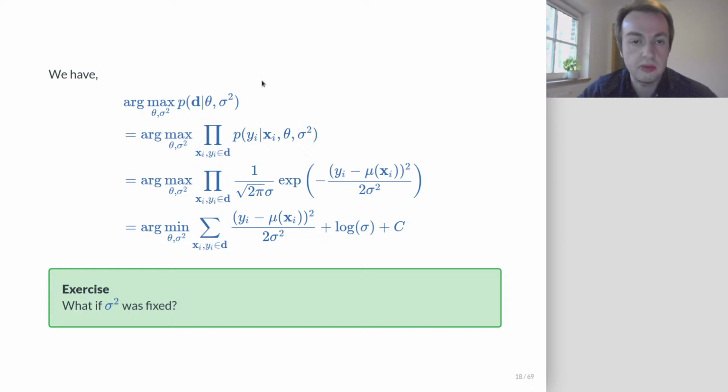Again, if you assume IID data, then this joint likelihood over the entire data set can be factorized as a product of individual likelihoods over the elements in this data set, in this case the (x, y) pairs. And each one of these likelihood factors corresponds to the conditional likelihood of the yi value given that particular xi value for those parameter values theta and sigma squared.